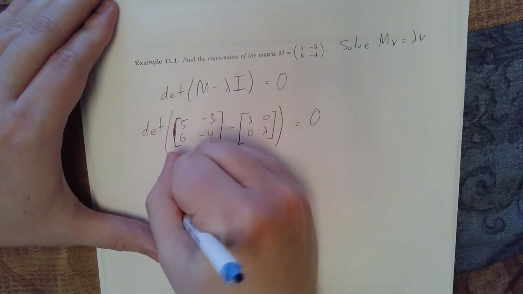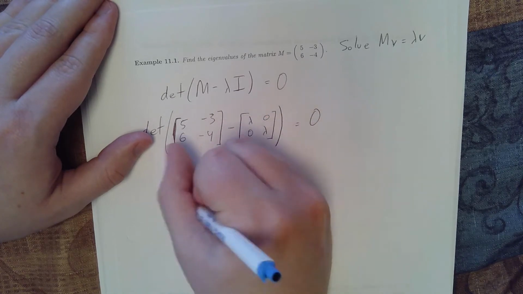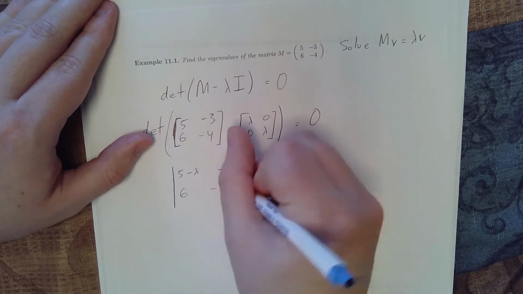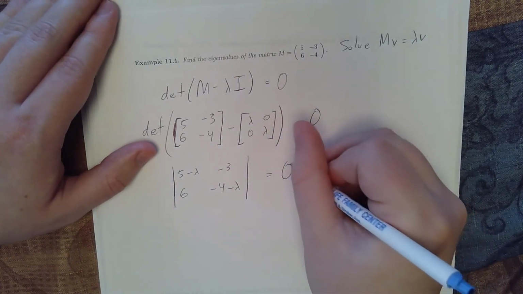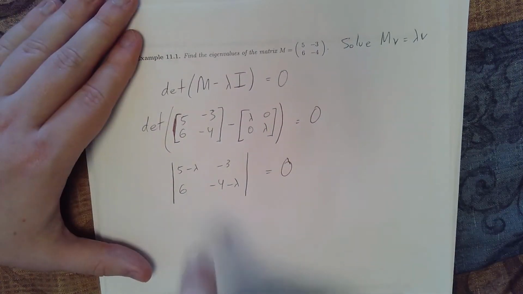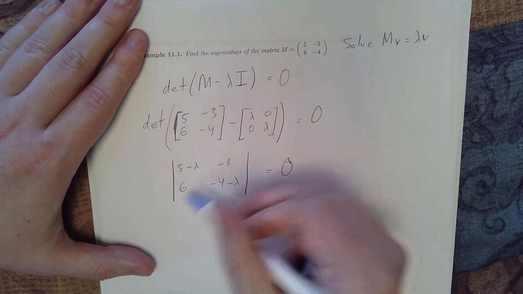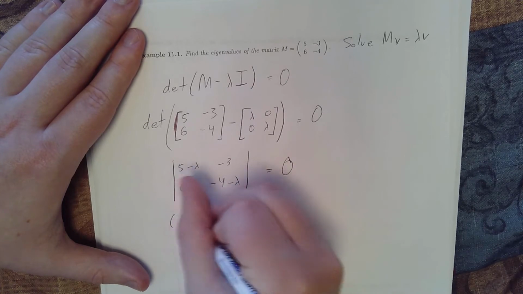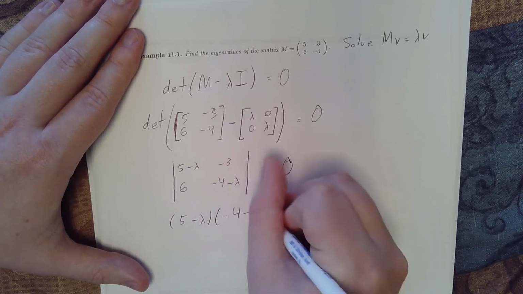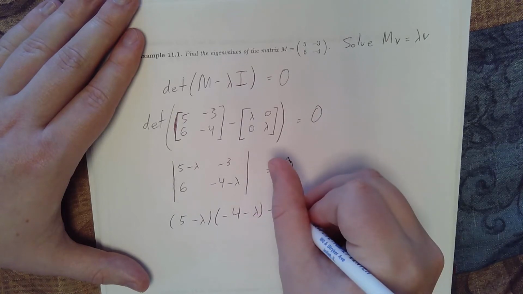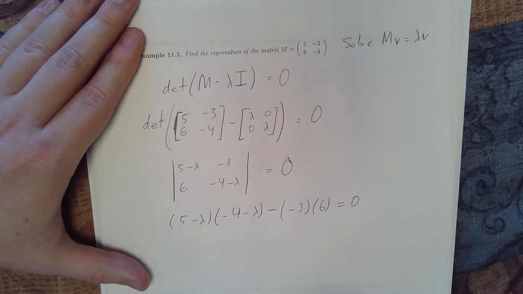And so we're trying to find the determinant of 5 minus lambda, negative 3, 6, and negative 4 minus lambda, which we'd like to be equal to 0. Since the determinant of a 2 by 2 will be this times this minus this times this, we'll have 5 minus lambda times negative 4 minus lambda minus negative 3 times 6 equals 0.